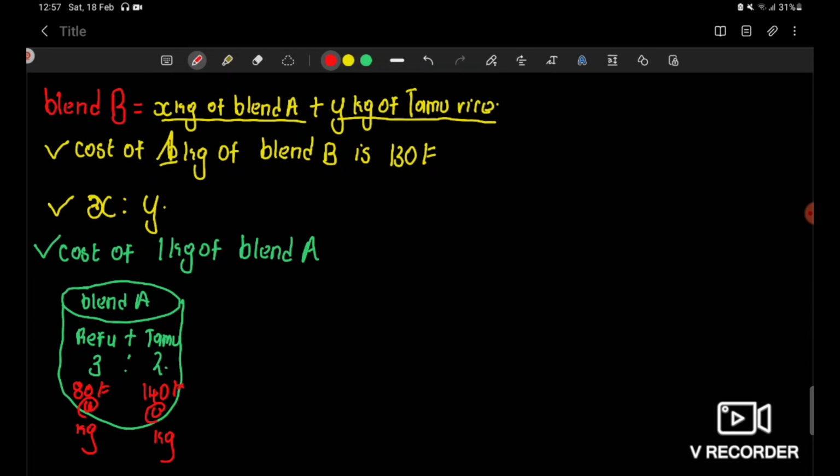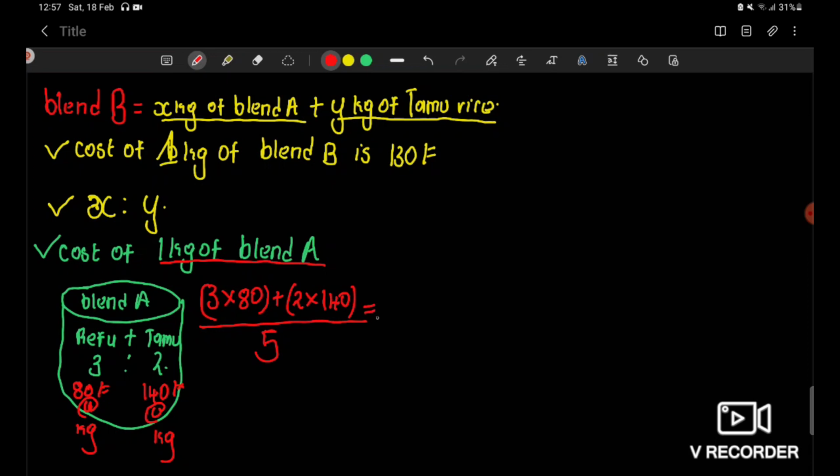So is it possible to get the cost of 1 kg of blend A? It is possible. How do we do it? We just take 3, the ratio of refu, we multiply by the price, which is 80, and then we add the ratio of tamu, 2, multiplied by the price of 1 kg of tamu, which is 140 shillings, and then we divide by the total ratio, which is 5. So what will we get as our answer?